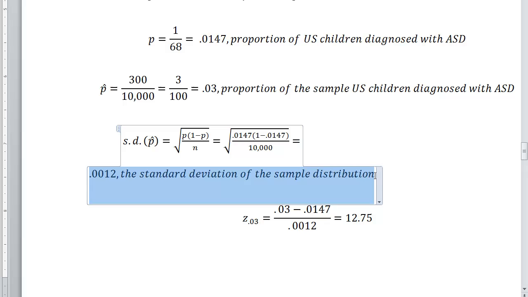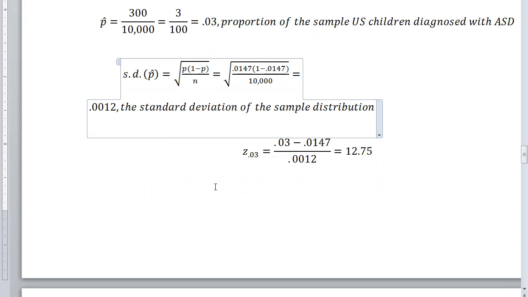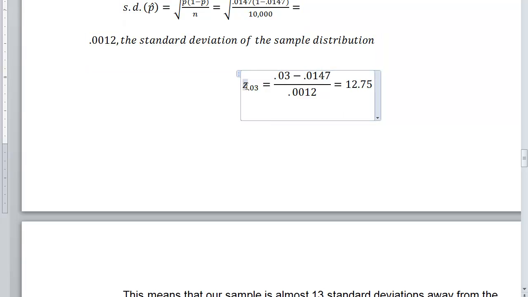Okay? And so that's how much variation we would expect to see in samples if I have a sample size of that large. And so now we're ready to find a z-score for a sample of 3%. And so that's going to be my p hat minus my p divided by the standard deviation of my sample proportion.